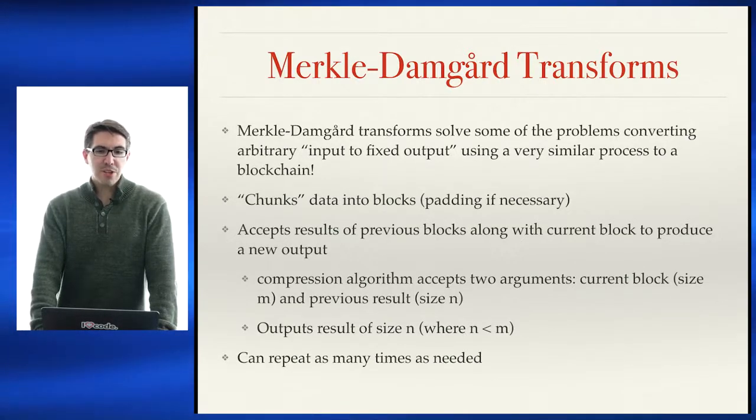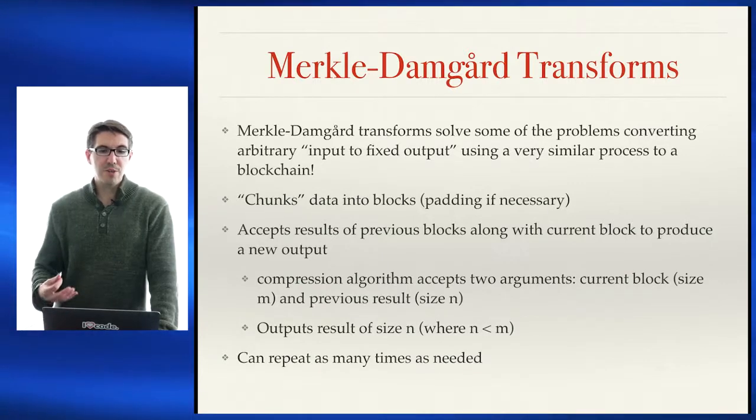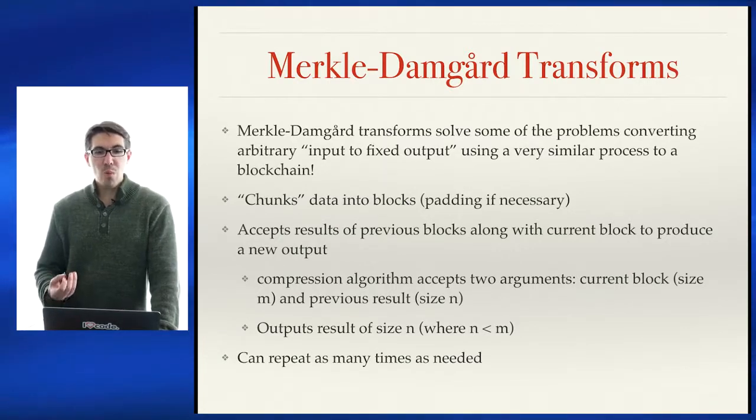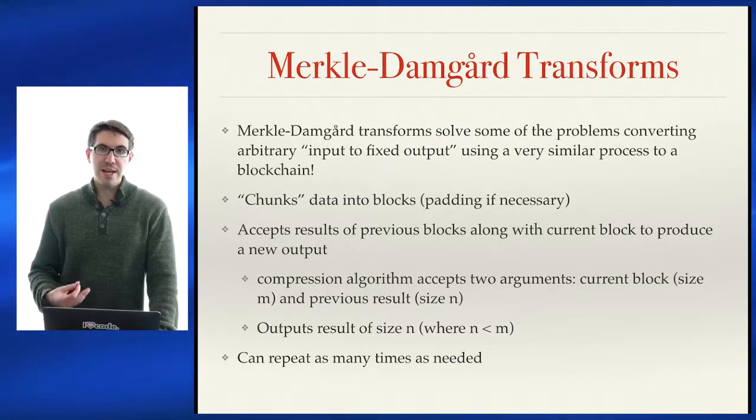So Merkle-Damgard transforms solve some of the problems of converting an arbitrary sized input to a fixed output using what I think is very interesting here, a very similar process to generating a blockchain. For the input, we're going to chunk the data into blocks of an equal size.